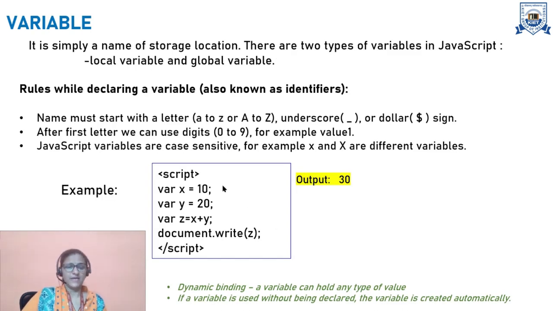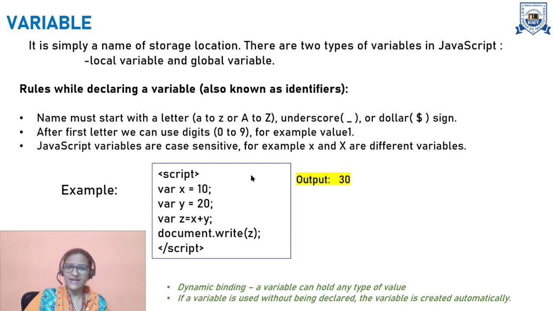Variable: as we already know, a variable is the name of a storage location, or you can say a named location. Basically, it is used to hold something. It holds something in the memory. There are two types of variables in JavaScript, local and global variables.